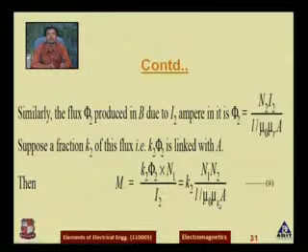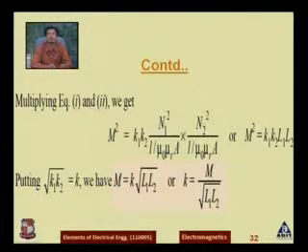So we have obtained two different equations for the different coils. Multiplying these two equations, 1 and 2, we get M square on the left hand side, M into M. On the right hand side there are two coefficients K1 and K2, so they will multiply, and in the same way the fluxes will also get multiplied, that is N1 square divided by L divided by mu naught mu r into A. This one is the reluctance of the first coil.